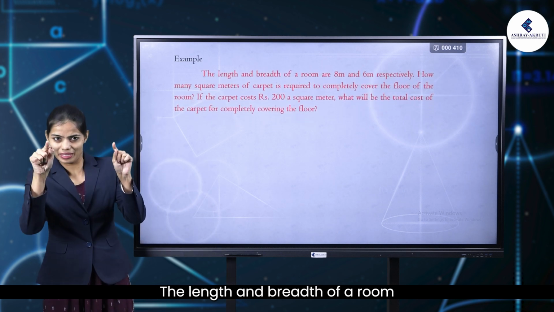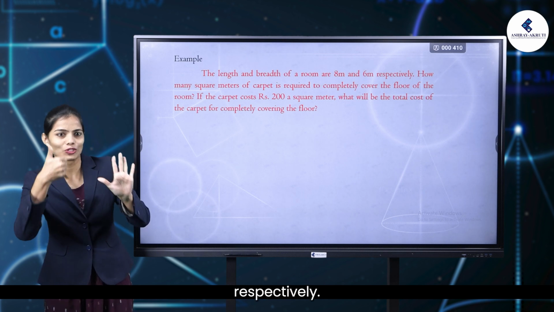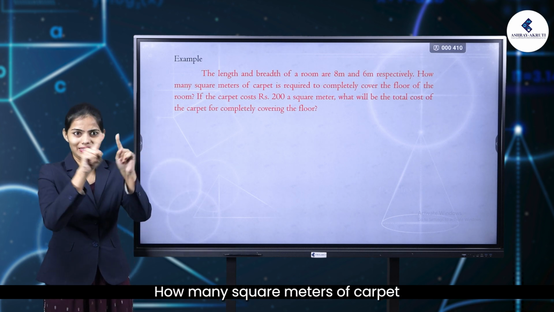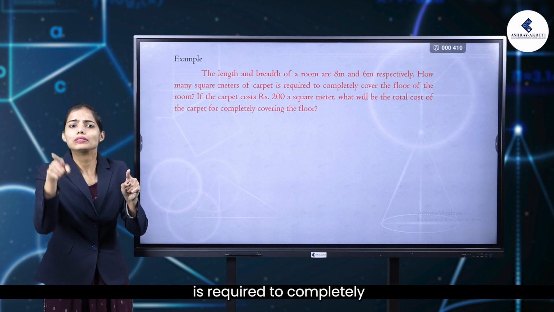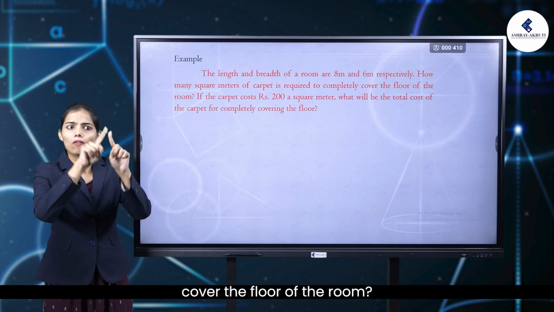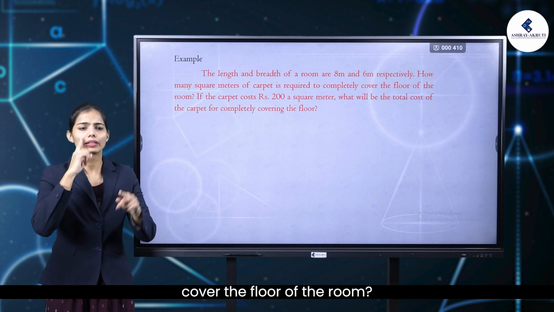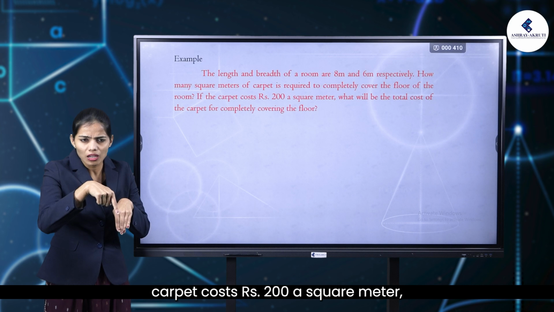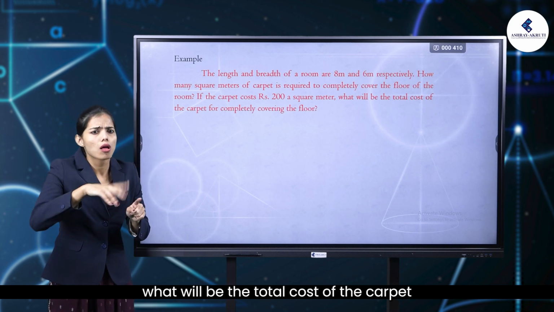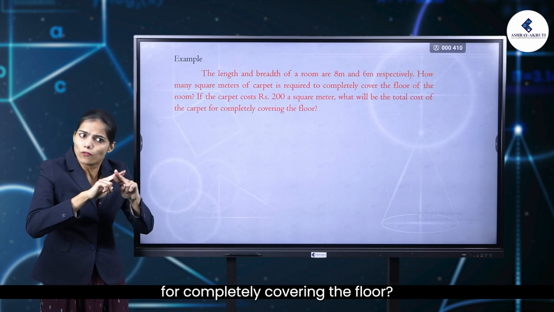The length and breadth of the room are 8 meter and 6 meter respectively. How many square meters of carpet is required to completely cover the floor of the room? If the carpet cost rupees 200 a square meter, what will be the total cost of the carpet for completely covering the floor?